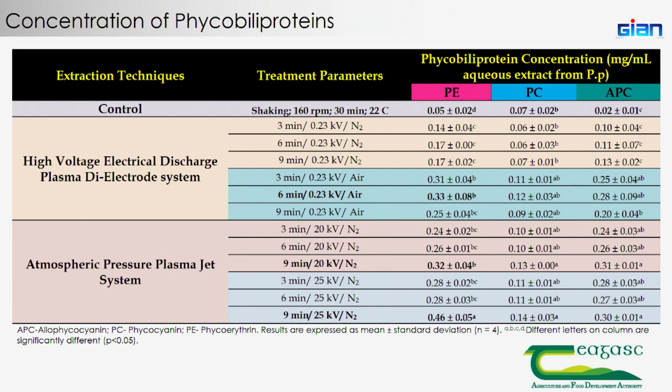Now again, high voltage electric discharge, either by shaking or different time points, different plasma settings, that is phycobilin protein, and these phycobilin proteins are pink color proteins. That means PE, PC or APC, that is all phycocyanins, the color-bearing protein compounds.